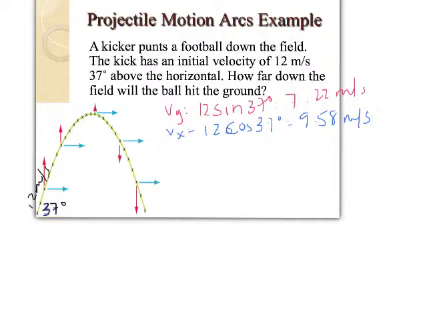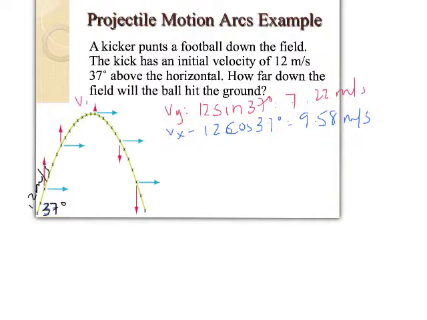All right, now that we have our separate vertical and horizontal velocities, we can do much of the same things we were doing before. We just need to keep in mind that in this situation, we are going up, so slowing down, and then also going back down, so speeding up.